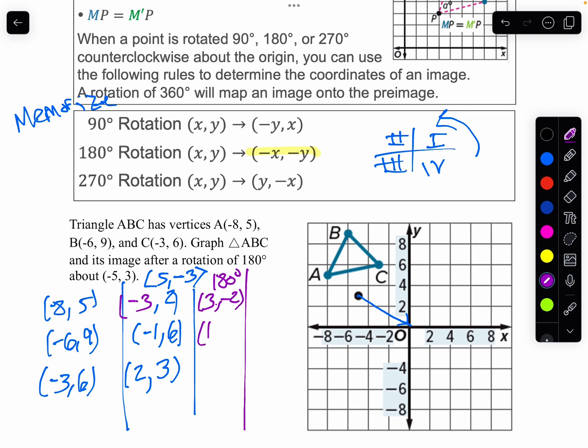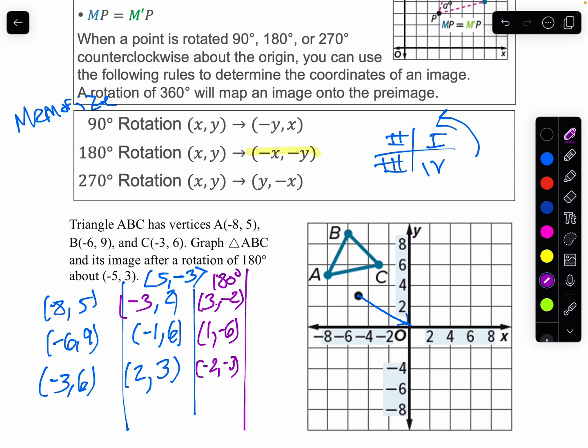Becomes 1 and -6. And then it becomes -2 and -3. Then I'm going to undo that original transformation. I got to move it back from the center.